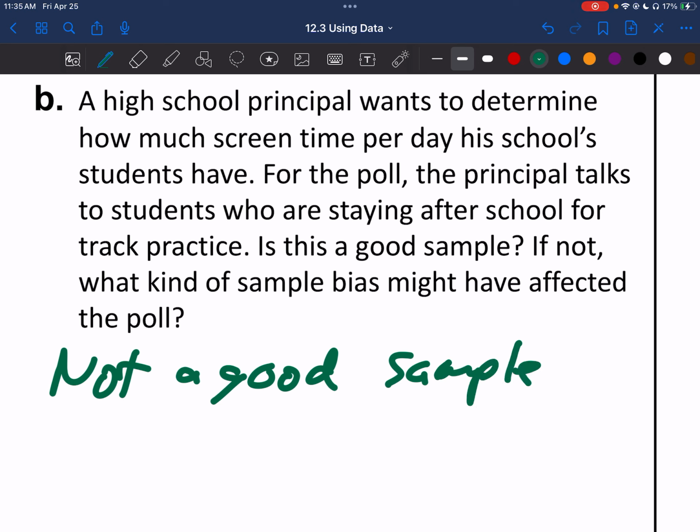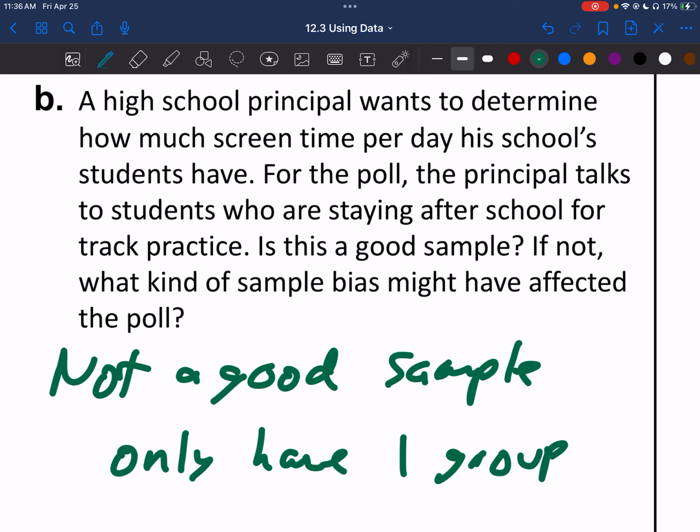And the reason it's not a good sample is you only have one group. You have a group that are athletes. So they are after school, they are at a practice. So they may not necessarily be representative of the students as a whole.